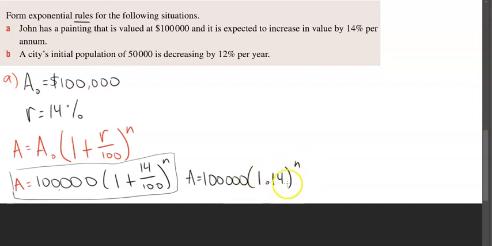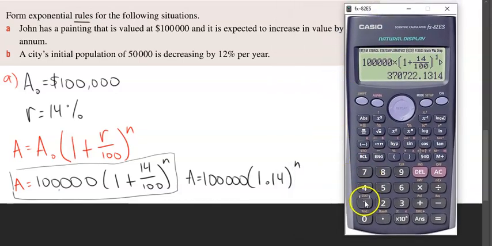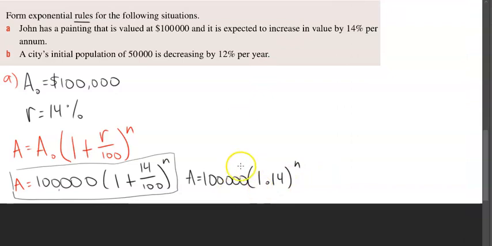The reason why they do this is because 1 plus 14 over 100 is 1.14. That's just converting it into decimal format. 1 plus 14 over 100, press SD, 1.14, okay? I don't mind which way you do it, as long as you get the answer correct, but if you want to be super careful, you can put into this format.